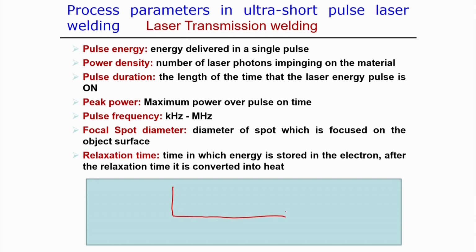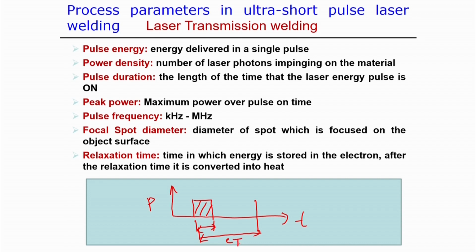So, we will try to explain a typical shape of the pulse. This is the pulse shape over time, and this is the power. This area represents the pulse energy, this time span represents the pulse on time, and this total time represents the cycle time.